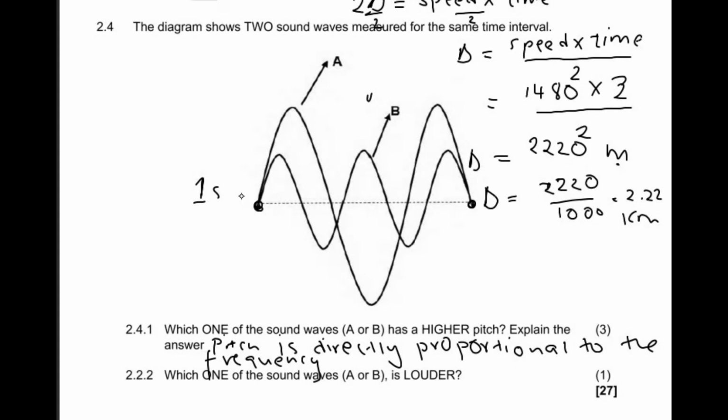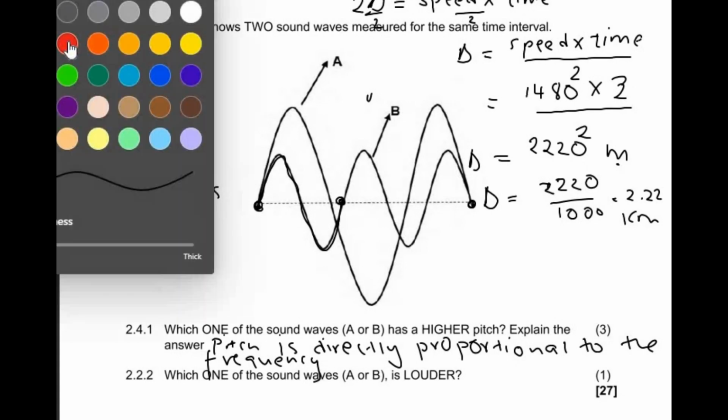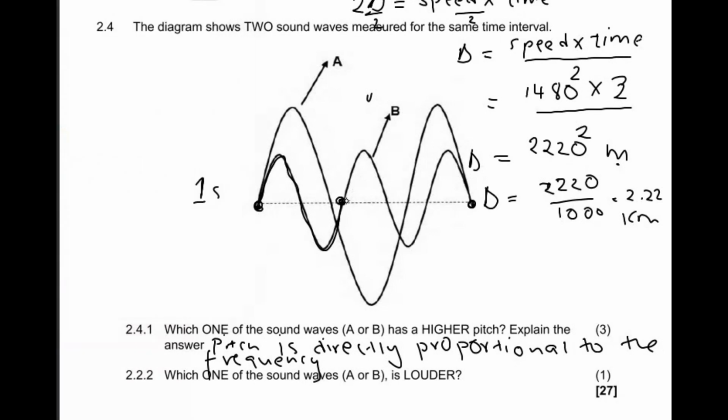So we'll say we started here with B, and it goes all the way down, and then here the first wave is completed. Then it starts, let me make a different color, red.